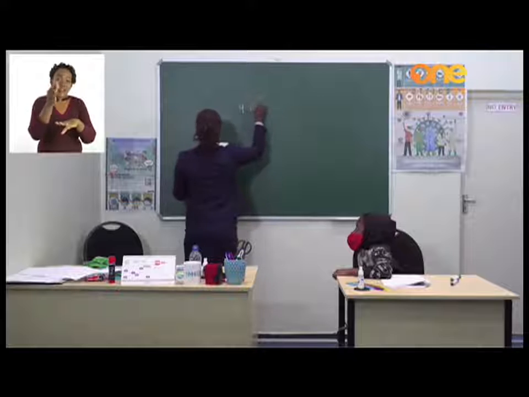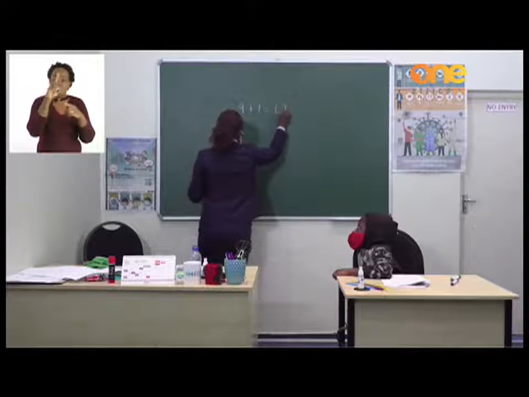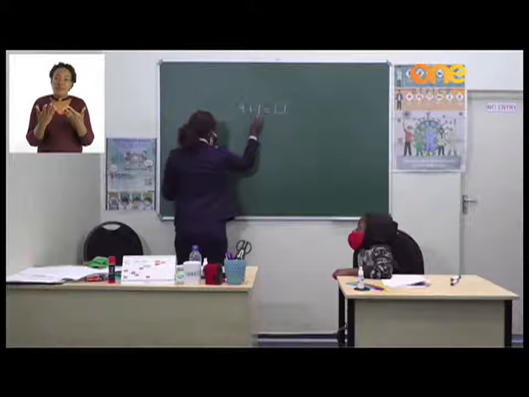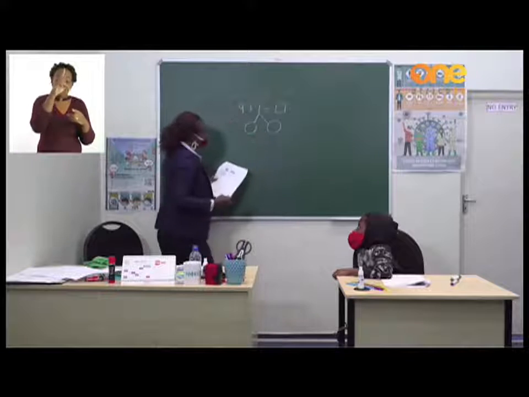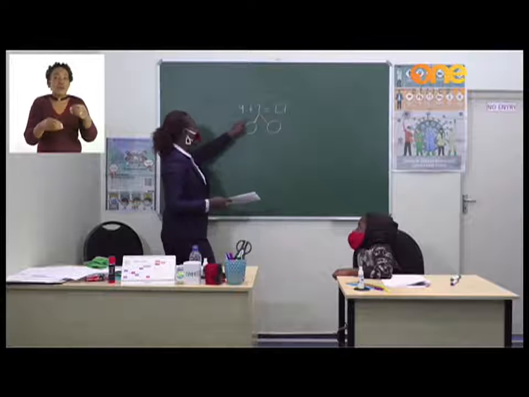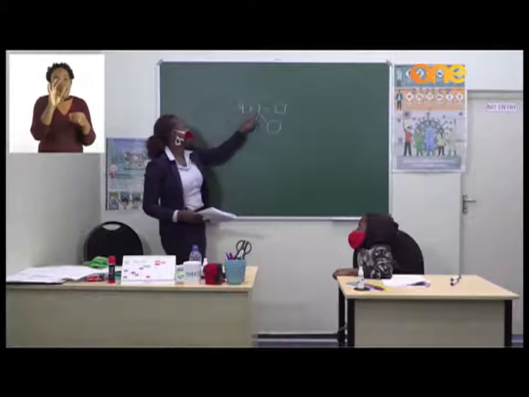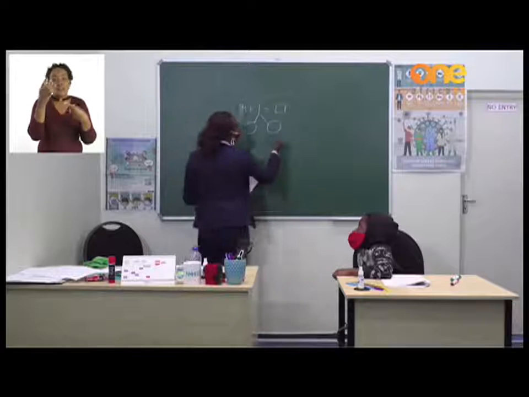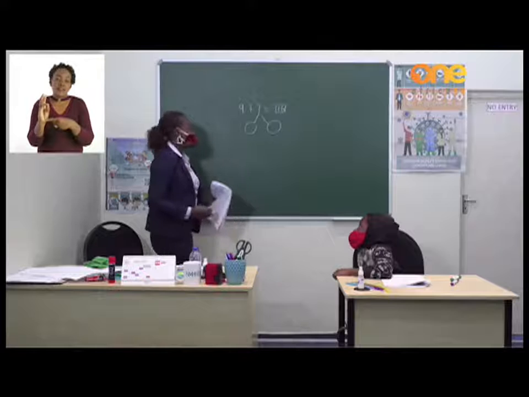9 plus 7 equals, then we have a box, and we have 2 circles. First, we want to add 9 and 7. 9 plus 7 equals 16.